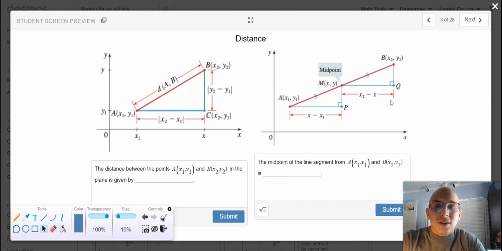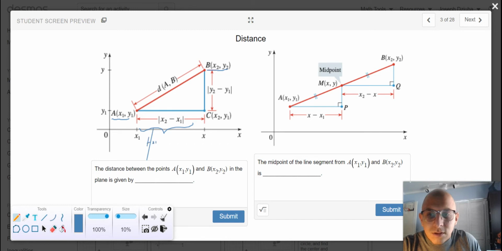All right, first things first, we have distance, and that involves being able to calculate a midpoint. So there is a lot of information going on here. But if we want to calculate the distance between 2 points, A and B, we would first need to calculate the horizontal change and the vertical change.